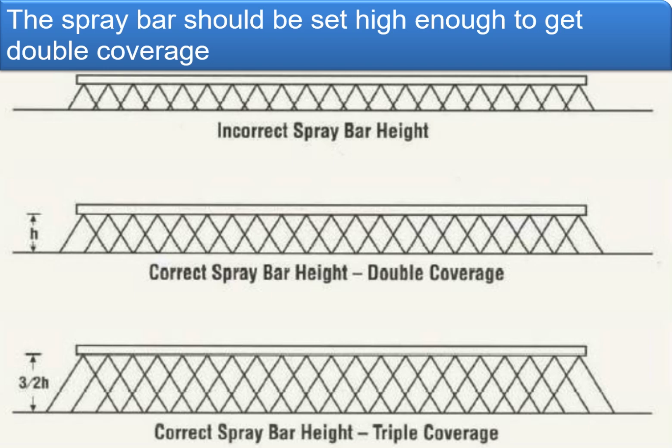So this is how you can adjust your spray bar height, but at no point should it be touching the boundaries of the area covered by each nozzle, because that gives you the minimum spray coverage, and there is a possibility that you will end up with some uncovered areas between the two boundaries of the nozzles being sprayed across the surface.